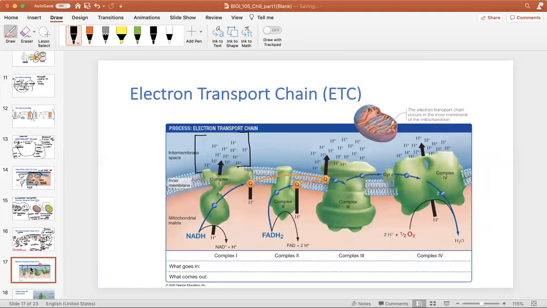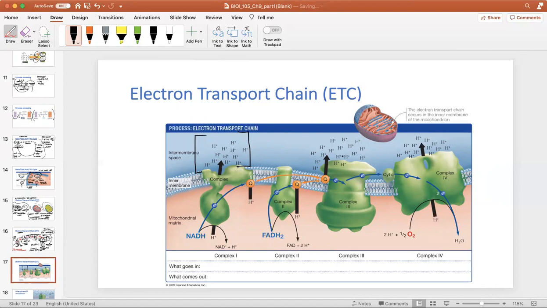This is a figure from your book. So you can see we have our high energy electron carrier. We're peeling off an electron. First of all, the electron's energy is pumping hydrogen ions into this intermembrane space. Then we're going to shuttle this electron using this Q molecule, shuttle, shuttle, shuttle over here.